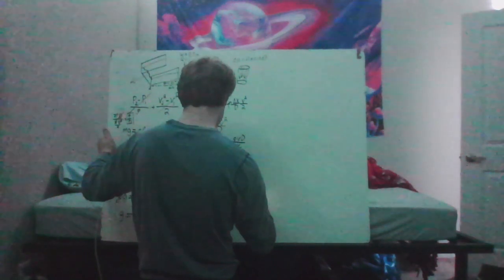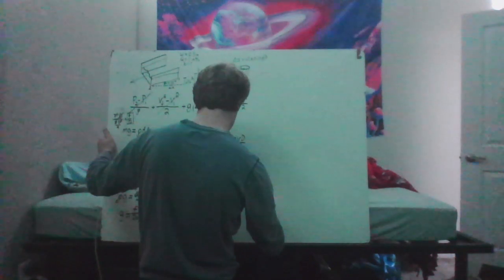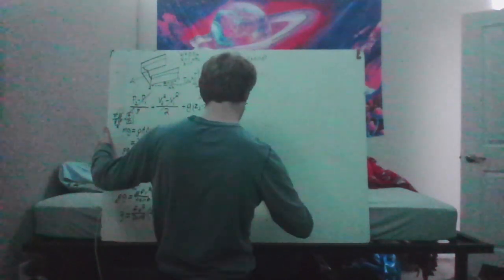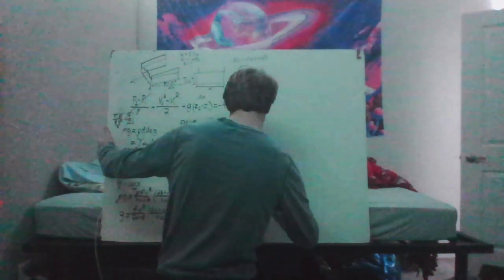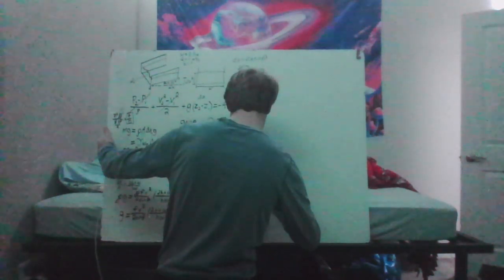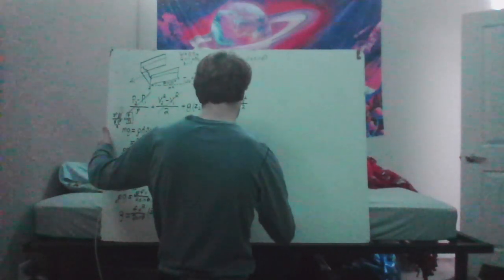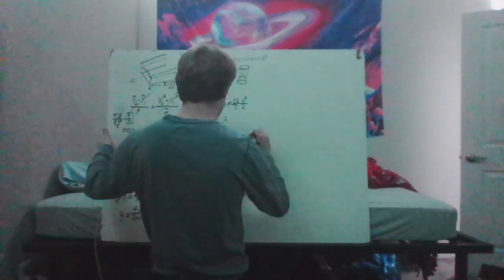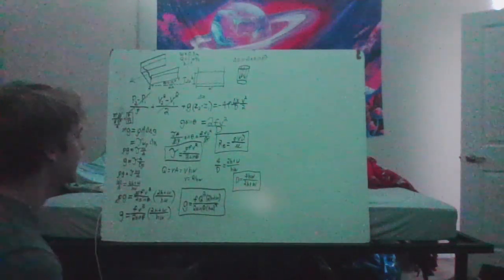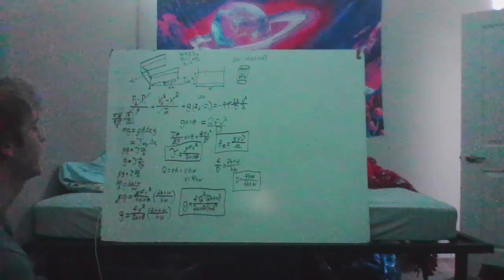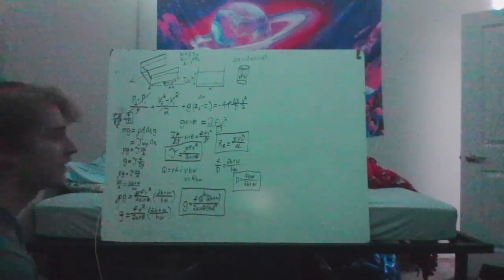So if we isolate D here, we get D is equal to 4hw over 2h plus w. And now we should have all the equations we need to start the coding portion of this video. Again, it's all these ones in the boxes that we will need.